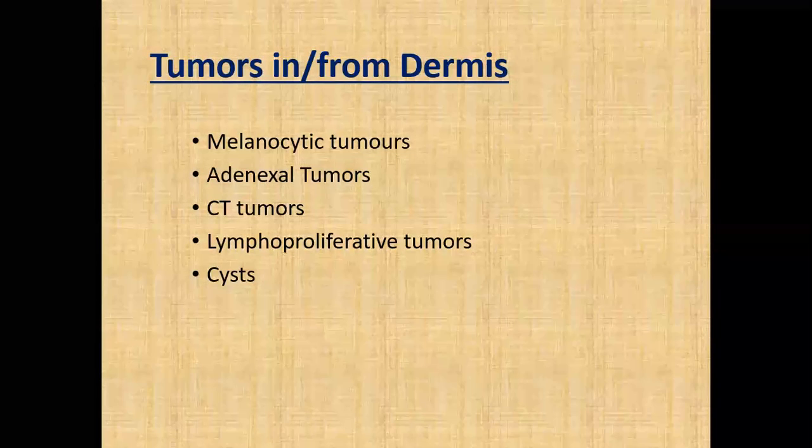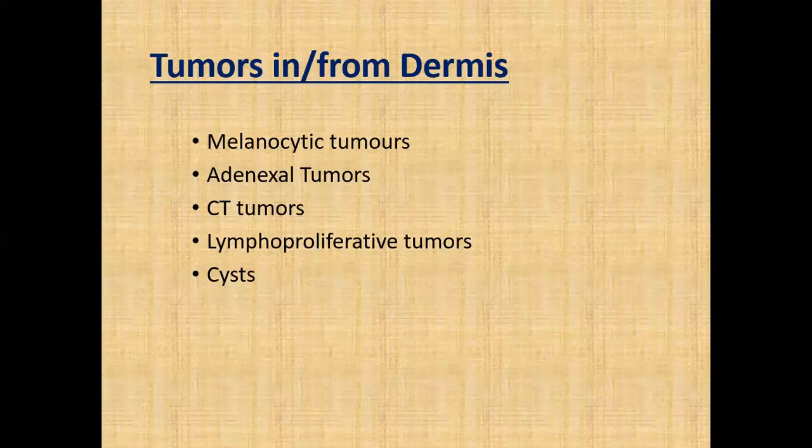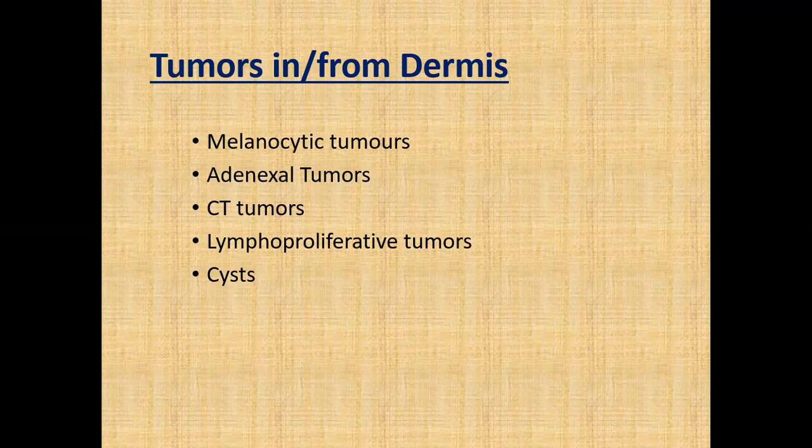Now the fourth region where you can find different types of skin tumors is the main dermis, or the main reticular dermis. In this reticular dermis, we can see melanocytic tumors, like we have already mentioned, both superficial spreading and lentigo maligna melanoma. Then the main tumors seen in the dermis are the adnexal tumors, because the hair follicles, the sweat coils, and the sebaceous glands are present within the dermis.